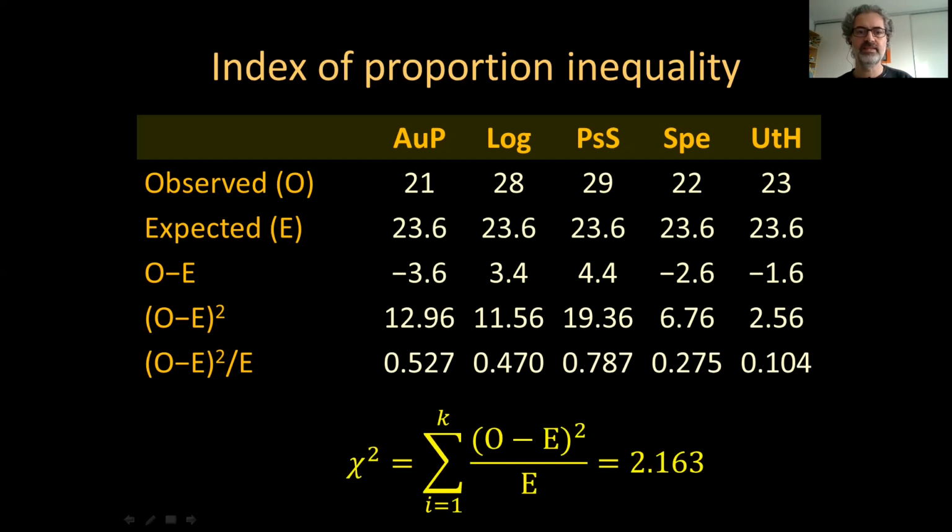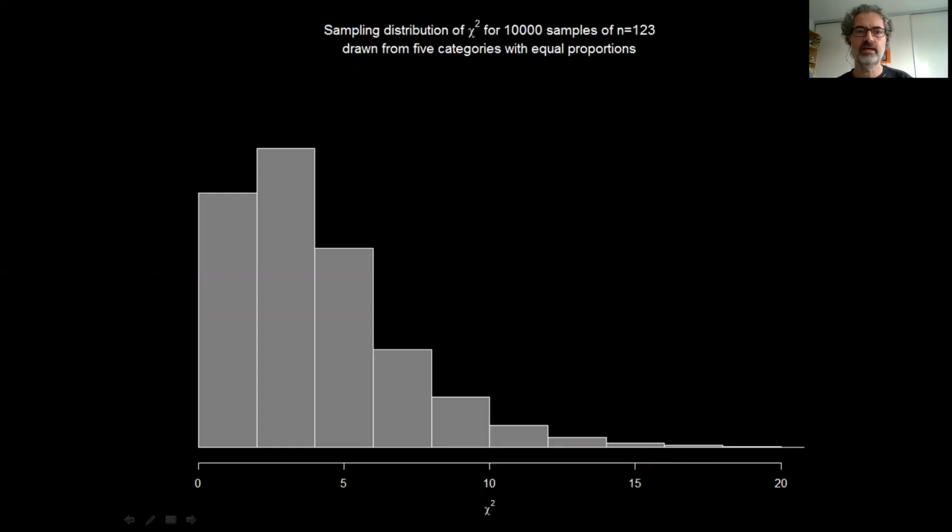That will give us the sampling distribution for this index. So the null hypothesis of equal proportions amounts to an imaginary population with equal proportions of 5 categories. We draw 10,000 samples in a simulation, we calculate the chi-square indices for each one of them, and this is what we get.